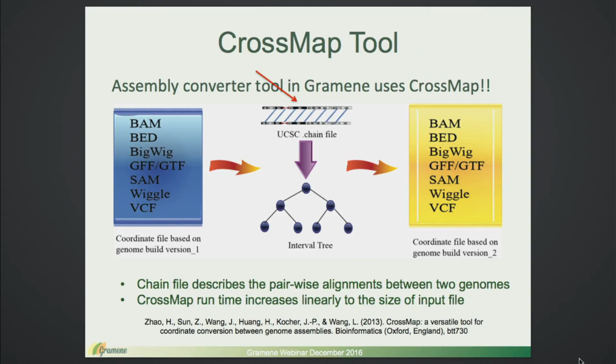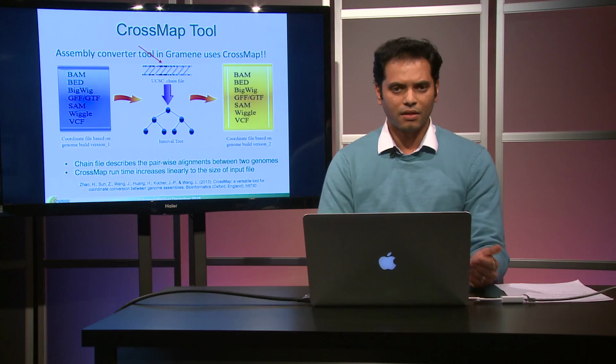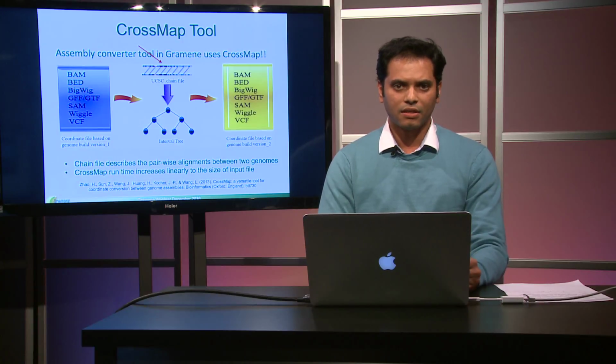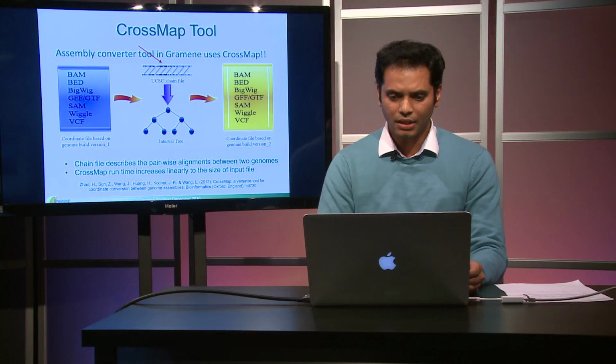CrossMap queries each entry from the input file. Here you bring in input files which can be in different file formats, such as a BAM file, a SAM, or a VCF file. CrossMap takes each entry and remaps it to the target assembly, querying through the interval tree data to convert the coordinates from an old assembly to a new assembly.